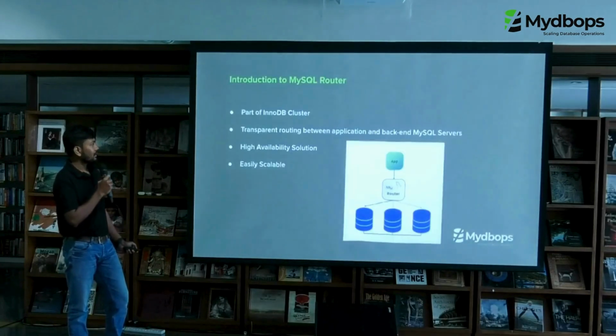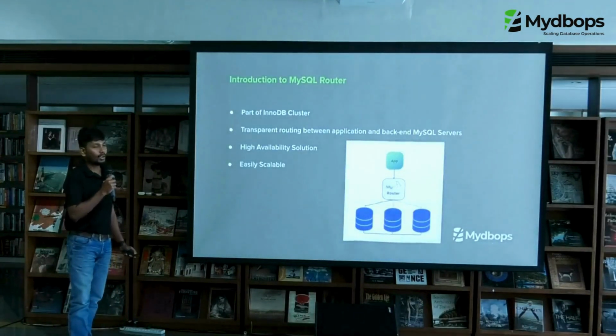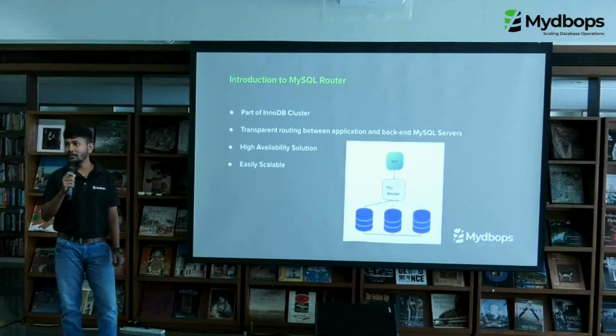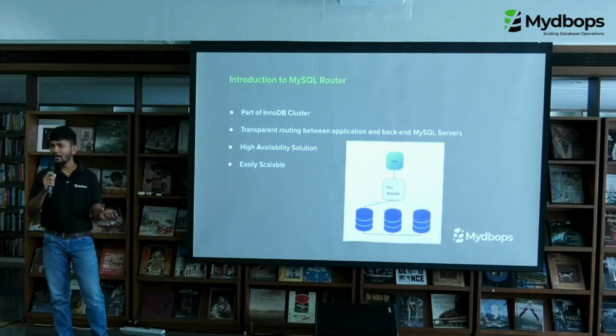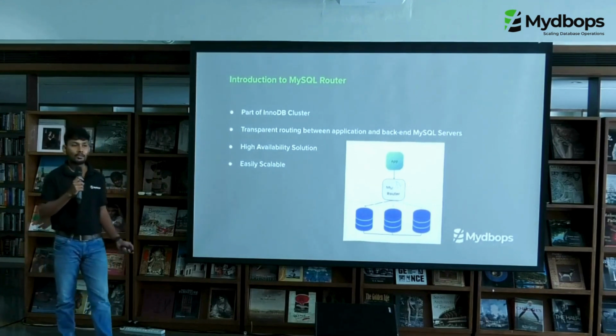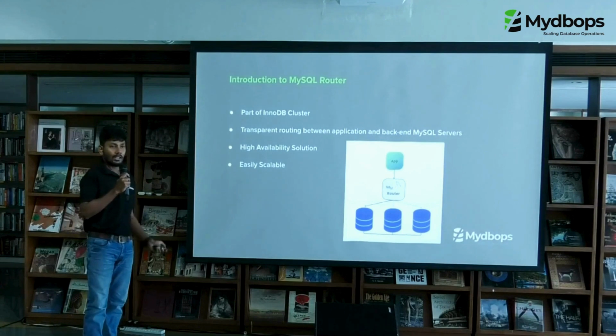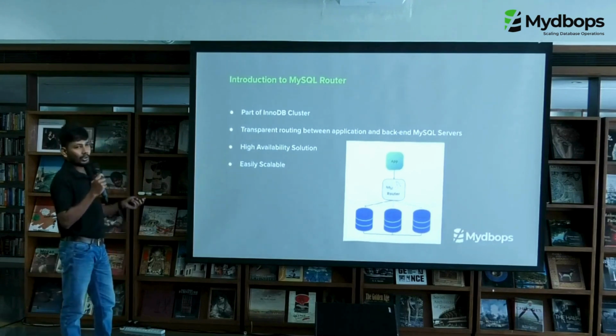As an introduction to MySQL Router, as DBAs we all use load balancers for balancing the connections and the load. MySQL Router is one of them, and it is part of InnoDB Cluster.